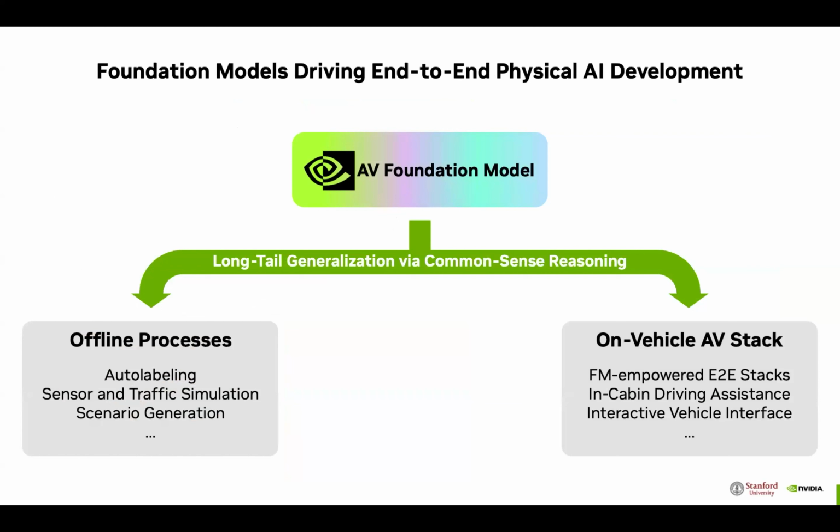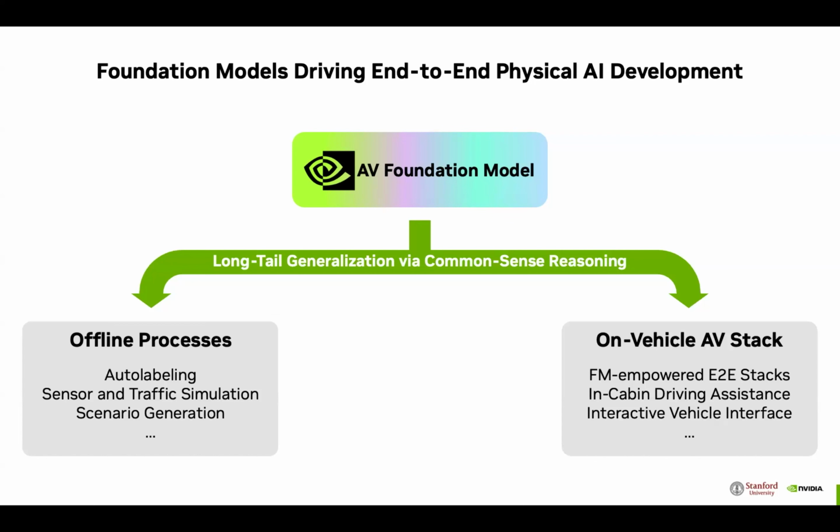Foundation models can empower several aspects of an AV robotics development program, from offline development processes such as auto-labeling and simulation, all the way to the onboard tech, like, for example, enabling new architectural designs or complementing existing algorithmic pipelines. So even though typically people, especially in an academic setting, prefer to focus on the rightmost branch, the onboard stack, actually foundation models provide a lot of opportunities also on offline development processes that, at least in an industry context, are extremely important.